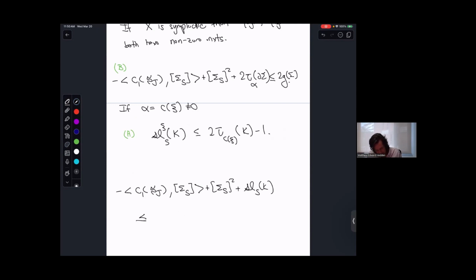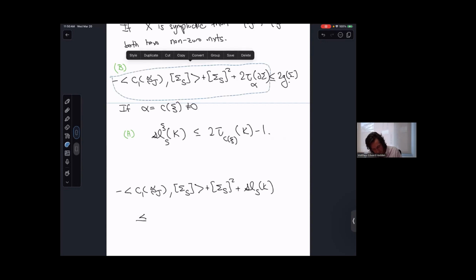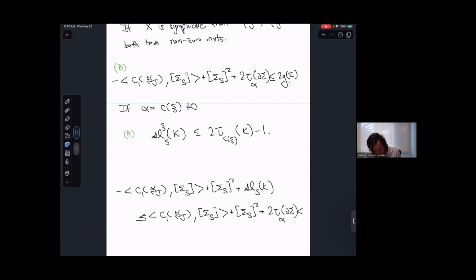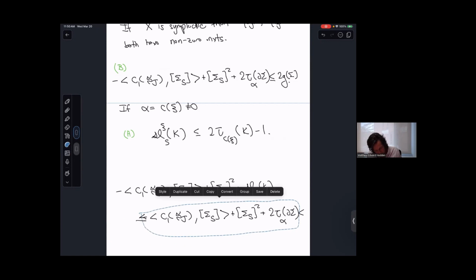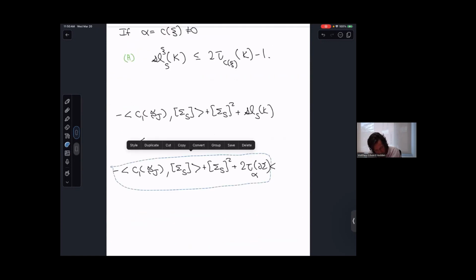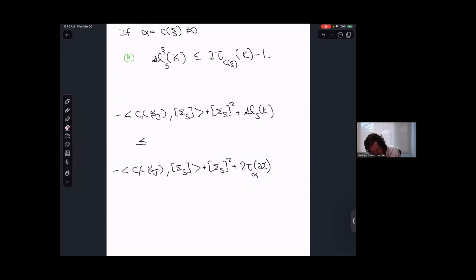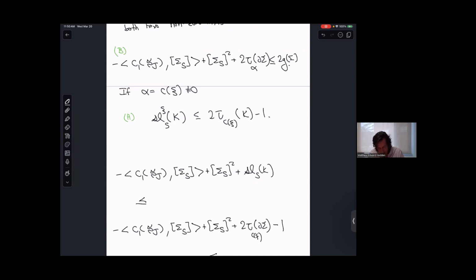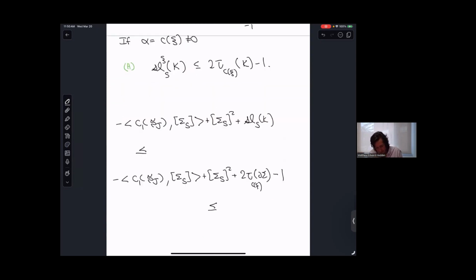This is going to be bounded by 2 tau of the contact class on the boundary of this symplectic manifold, minus 1. And then the relative adjunction inequality, subtracting 1 from both sides, gives me that this is less than or equal to twice the genus of sigma minus 1.